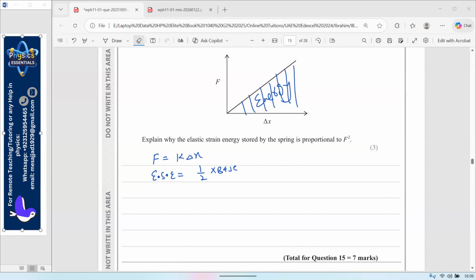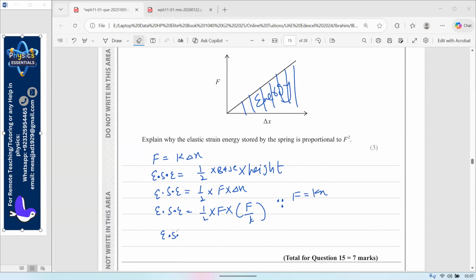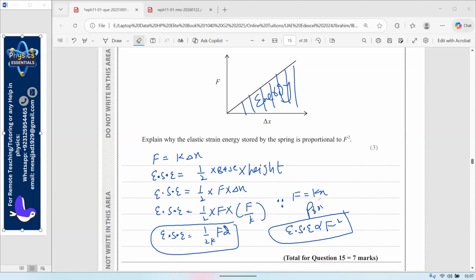So elastic strain energy equals half F delta X. Now for delta X we are going to put F over K, because F equals K delta X. So from here you can easily see that the elastic strain energy is going to be proportional to F squared.